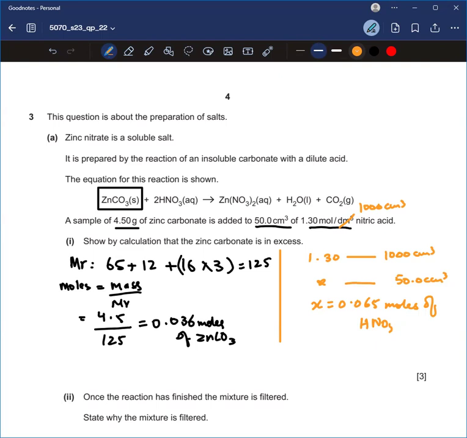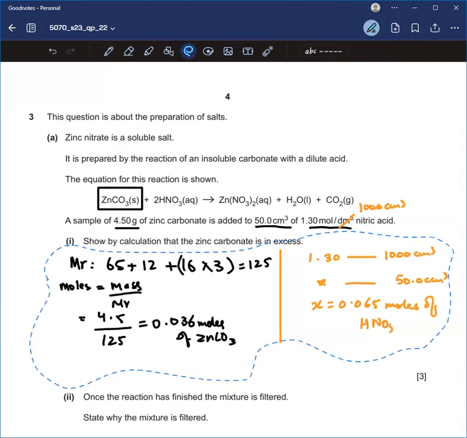First of all, see the ratio. In what ratio are they reacting?